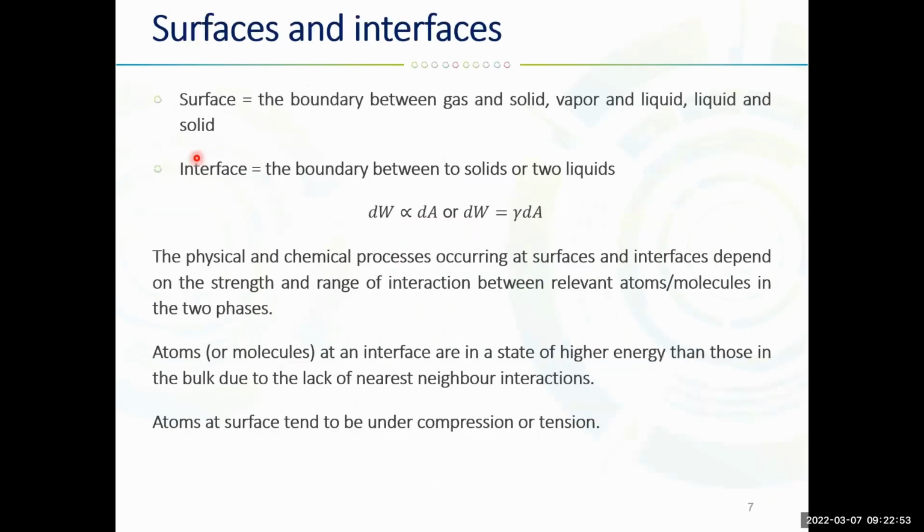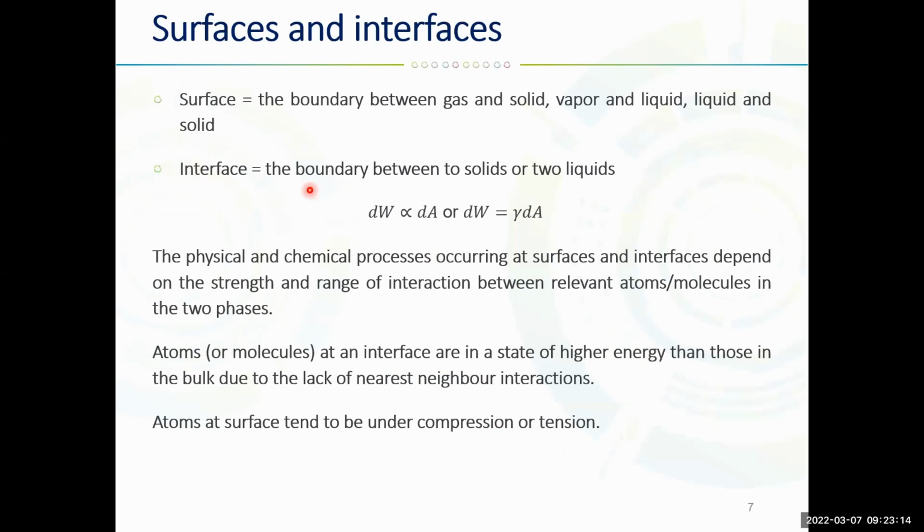So let's just talk about what is surface and what is interface. Surface is the boundary between gas and solid, or vapor and liquid, or liquid and solid. Interface is the boundary between two solids or two liquids.